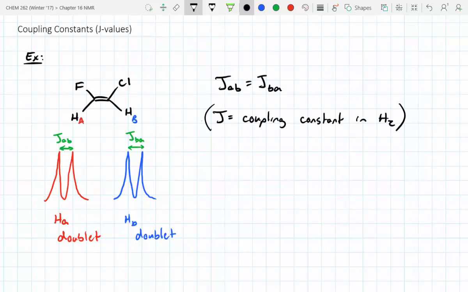So for example, if you see that HA is split and the distance of that splitting is at about 5 Hertz, that means that its partner is also going to be split with the equal intensity that's also 5 Hertz. So you got to make sure that they have the same magnitude.